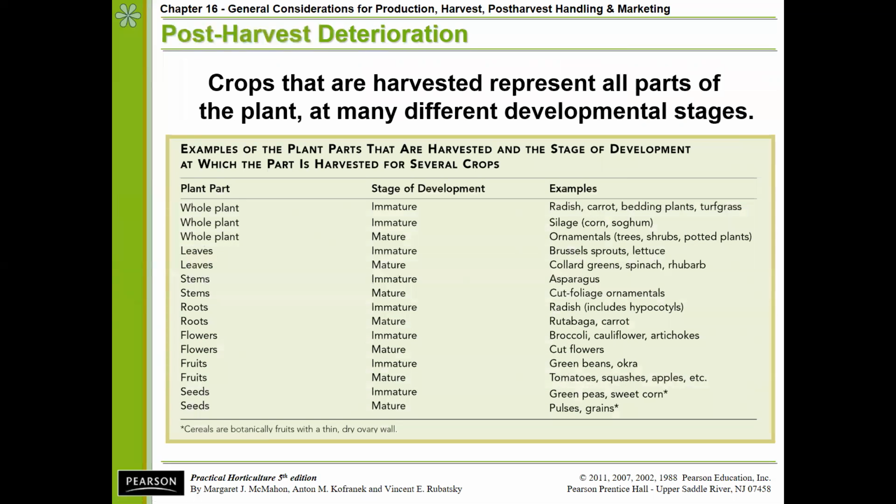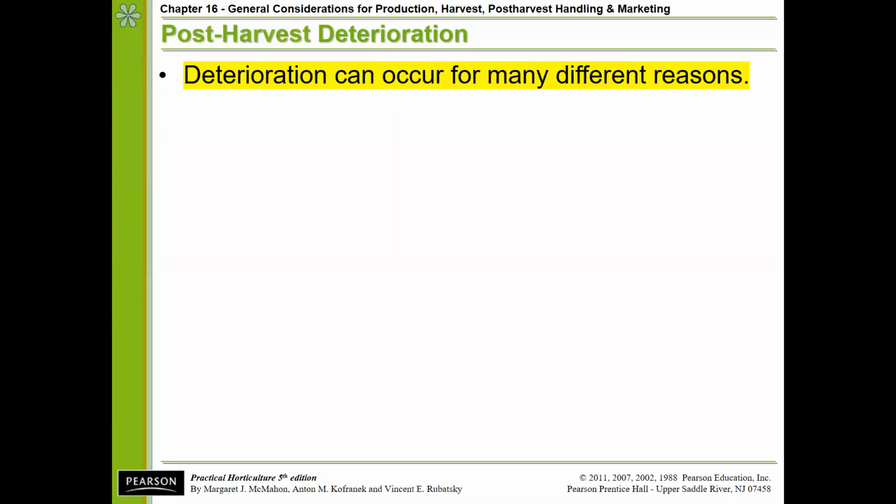This chart is just showing, when you're harvesting crops, whether the plant is mature or immature when it's harvested. Of course, that depends on the crop. So what happens for deterioration?